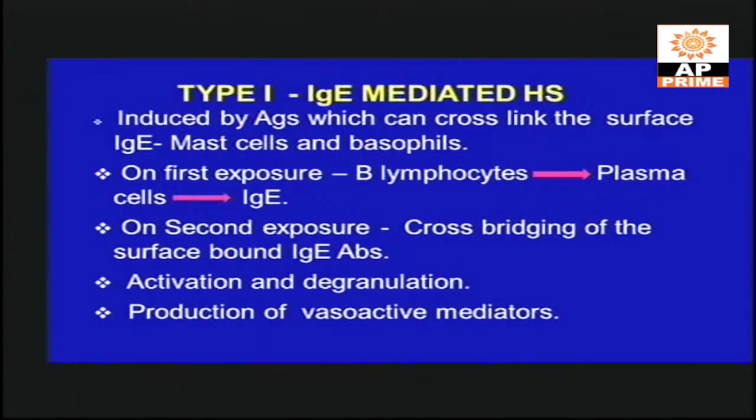On second exposure, the cross bridging of the surface bound IgE antibodies occurs by the antigen, and this leads to the activation and degranulation of the mast cells and basophils, releasing various types of vasoactive mediators.